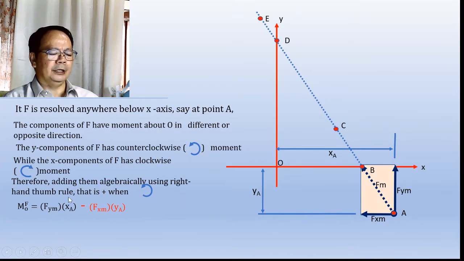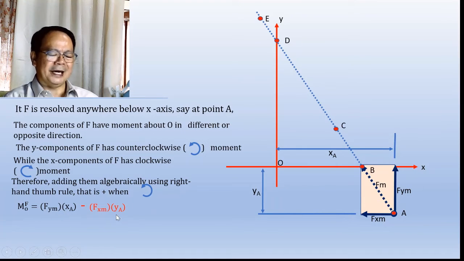I made it a different color to give emphasis that the direction of this F sub x sub m at this point is already clockwise. And this becomes now the moment of the force about O taken from the moments of the components resolved at point A.